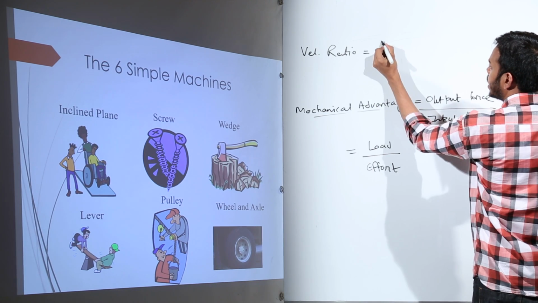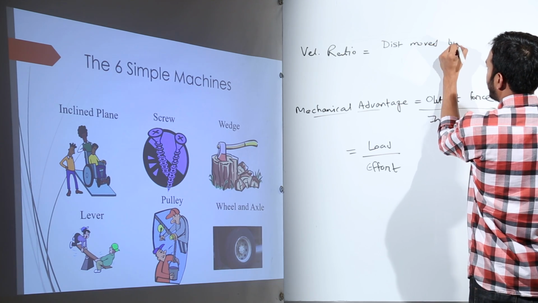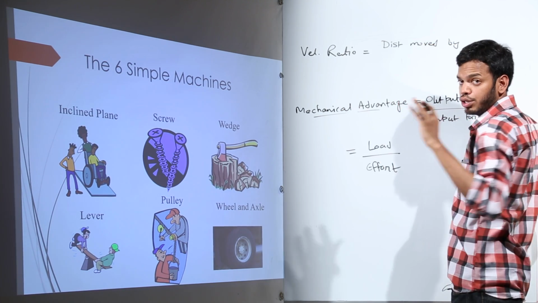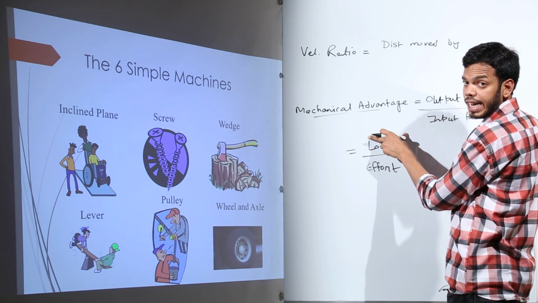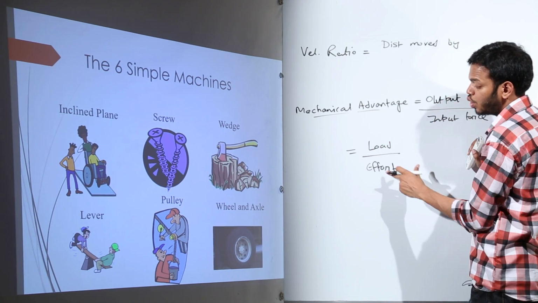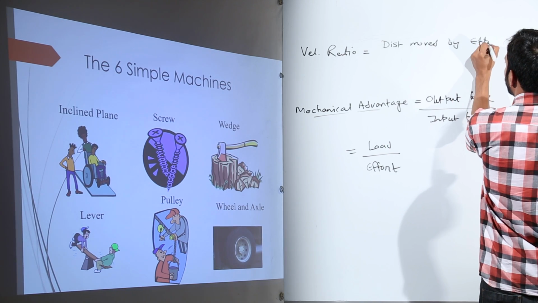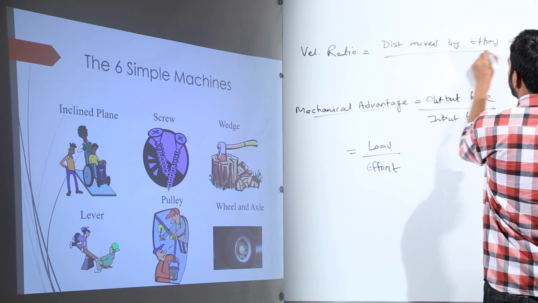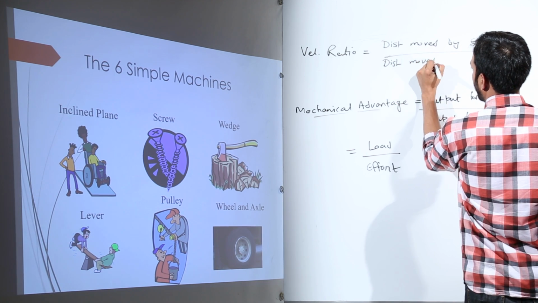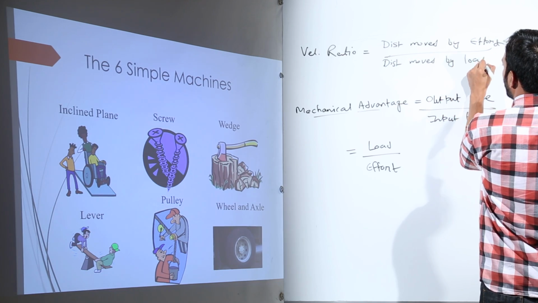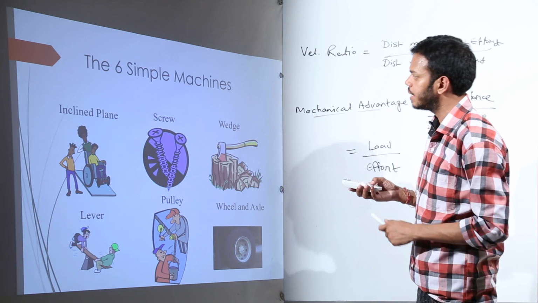You have to remember that in mechanical advantage load is on the numerator side, whereas in velocity ratio effort is on the numerator side. So distance moved by effort over distance moved by load. These are two formulas which we'll be using for all of these simple machines.